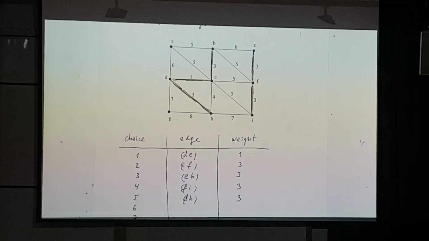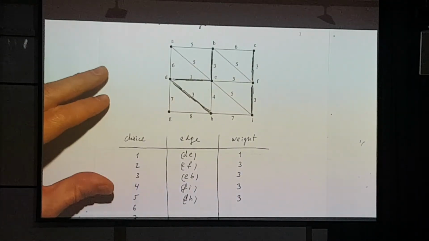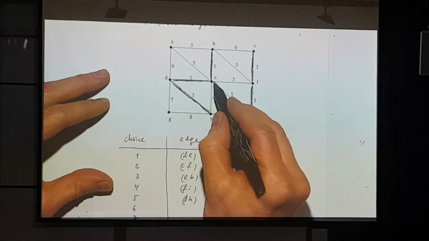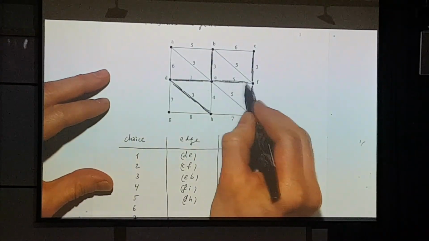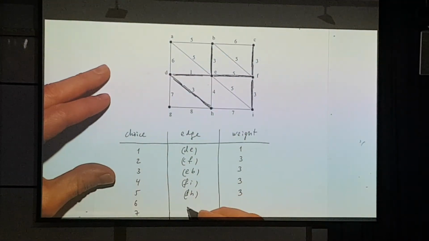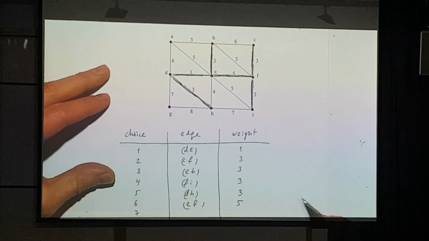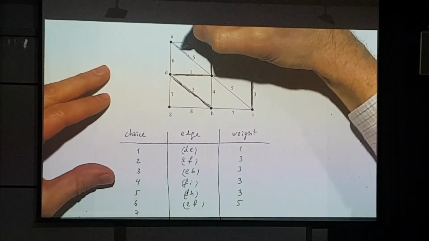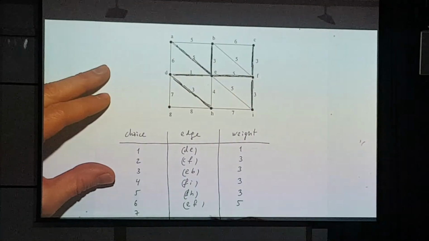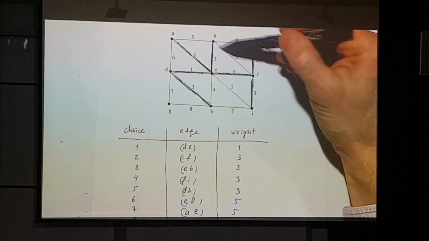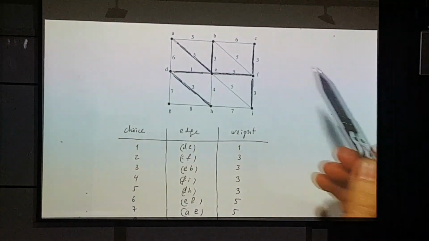So we'll move on to weight 5, and again we can pick them at random as long as we do not form a simple circuit. Let's take EF, weight 5, AE, weight 5, and nothing else can be added because it would form simple circuits.